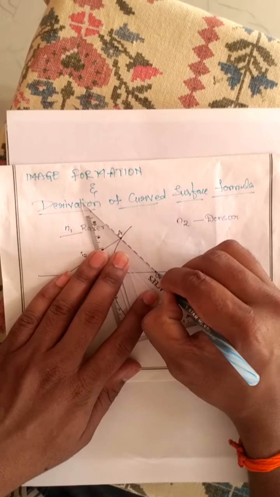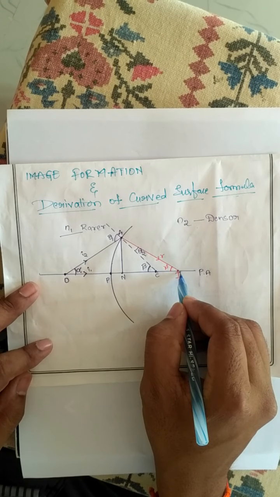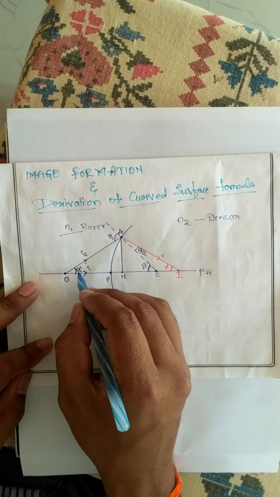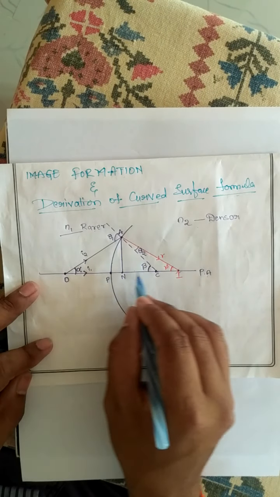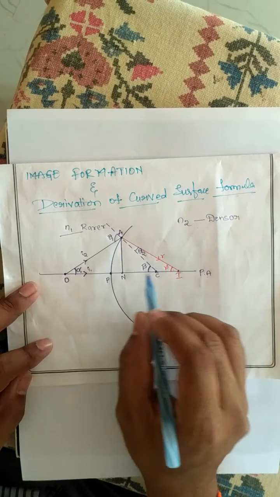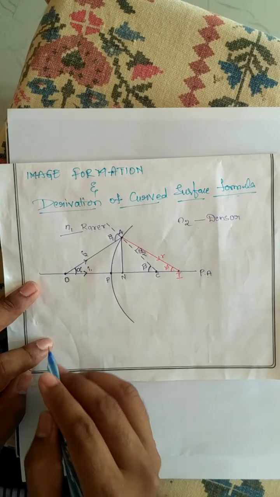If you want to find the nature, the object is here, the image is here, which is a real image that is formed, right? Next, alpha, beta and gamma are the three angles made by these light rays with the principal axis.